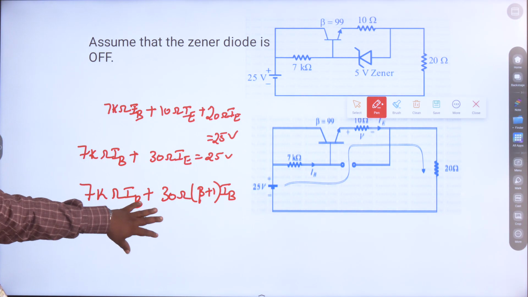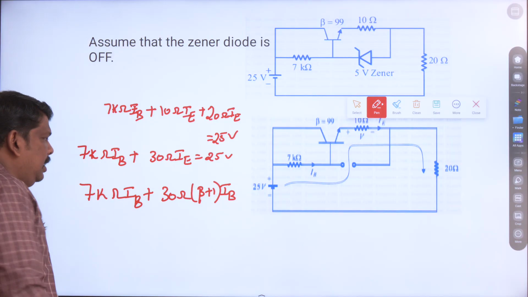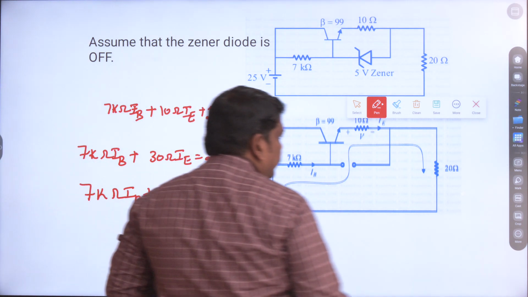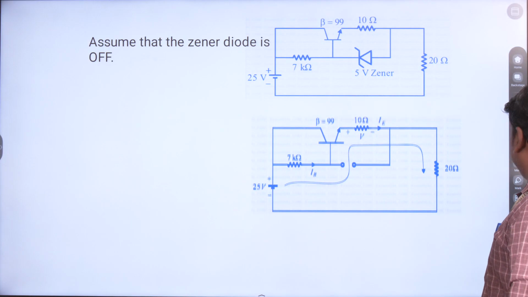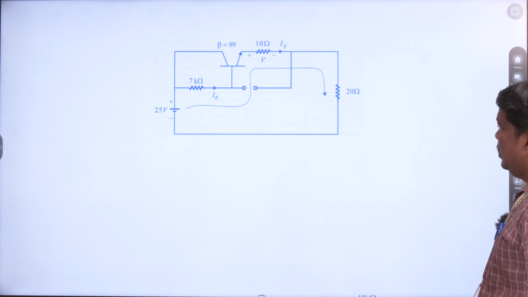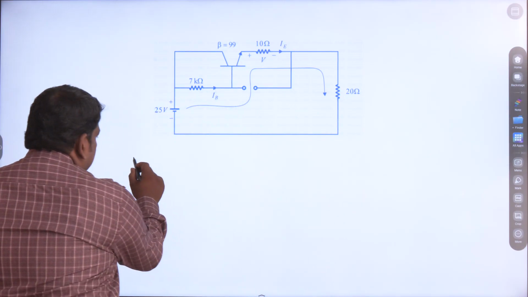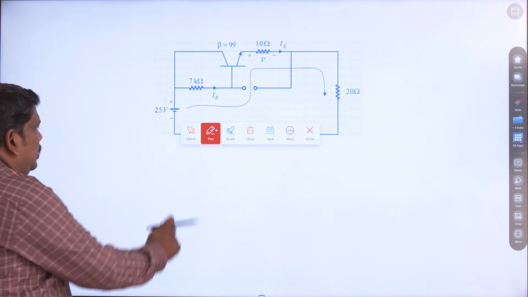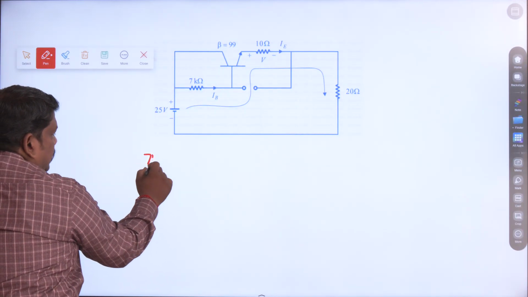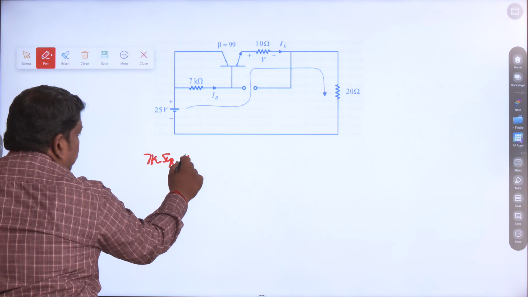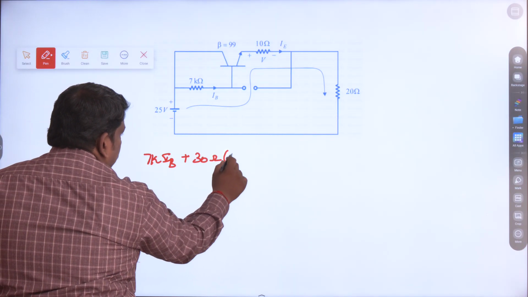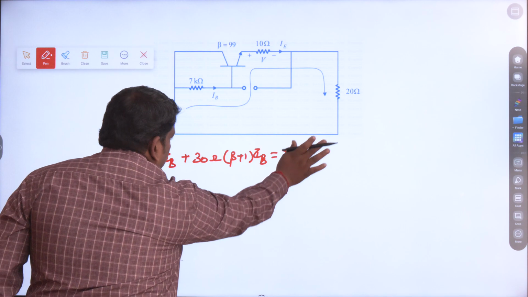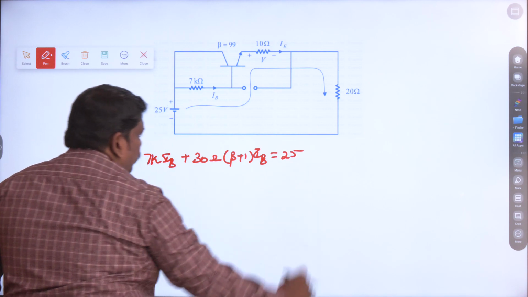So the above equation changes, in terms of base current, to 7k IB plus 30 ohms times beta plus 1 into IB equals 25 volt.